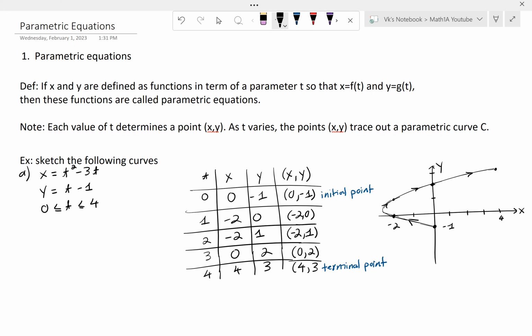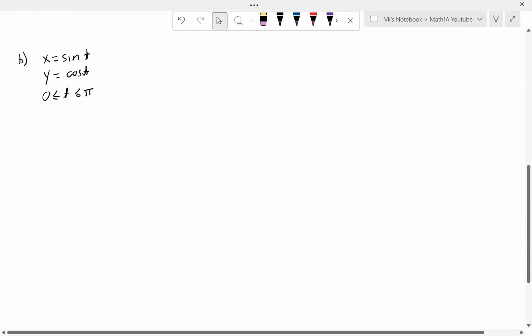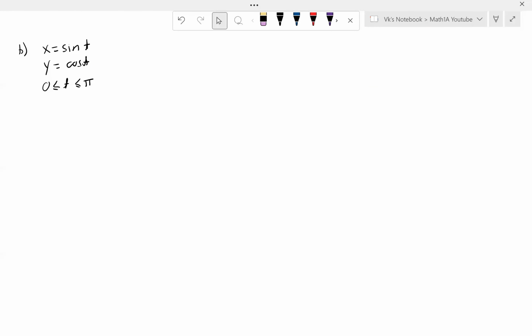Let's do another one. B. We have x equals sine of t, y equals cosine of t, and t is between 0 and pi. So do the same thing: t, x, y, the point (x, y).